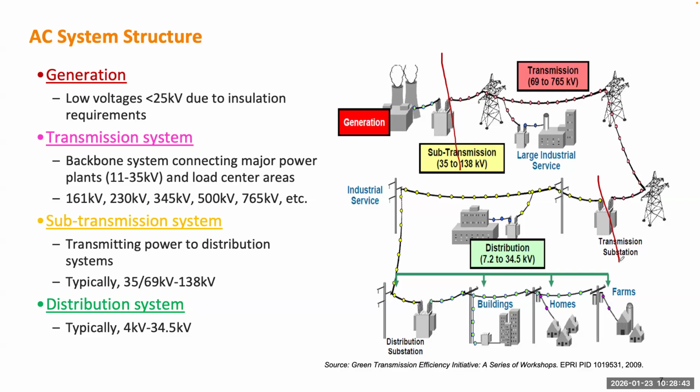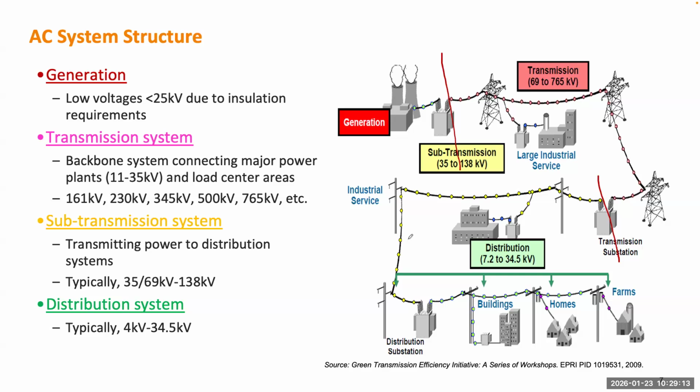For the transmission system, you see towers everywhere, carrying very large conductors and long insulators. Along the transmission network, there could be some large industrial loads. Industrial loads can directly take high-voltage electricity and utilize it for manufacturing. But for end users, we still need another part, which is the distribution system.